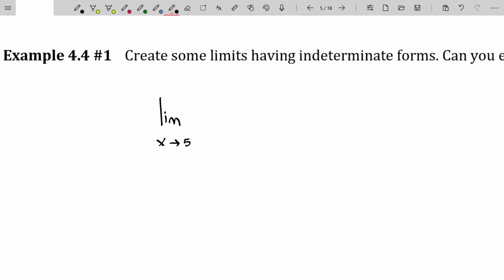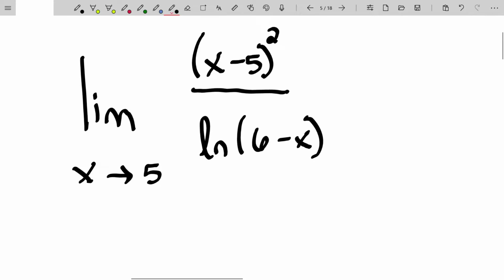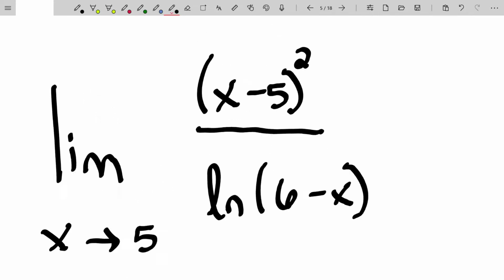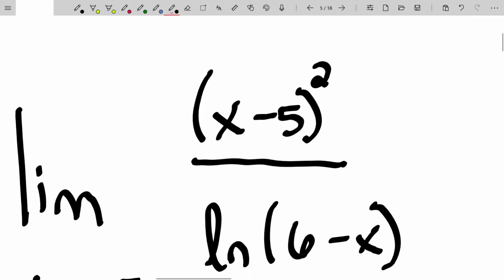And so one example would be x minus 5 squared in the numerator. Obviously, that's approaching 0. And let's have something else approach 0, like the natural log of 6 minus x. Now, as x approaches 5, that'll approach natural log of 1, which is 0. And as x approaches 5, the numerator will be 0 squared.